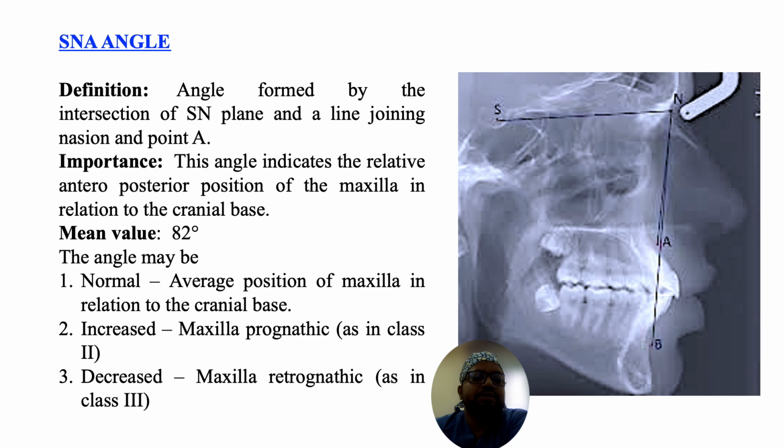When increased, the maxilla is prognathic, because point A is on the maxilla, making class 2 cases. When decreased, the maxilla is retrognathic, class 3 cases.